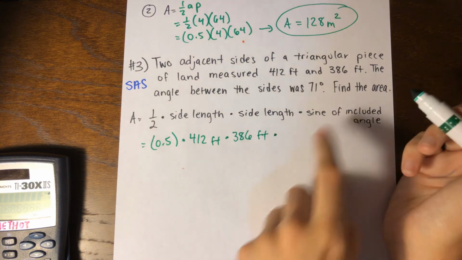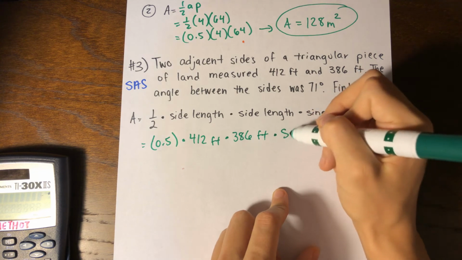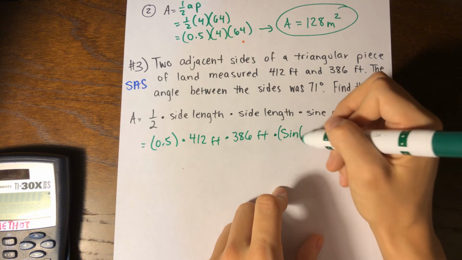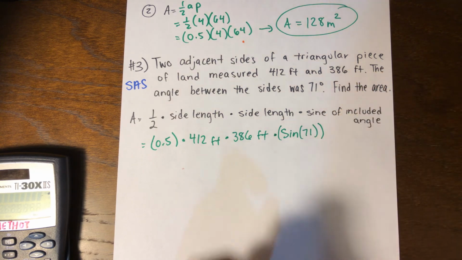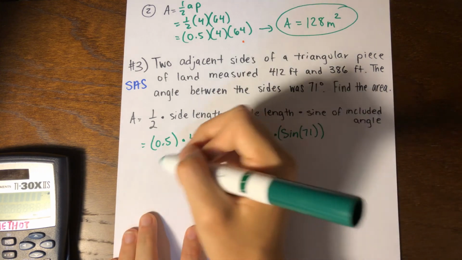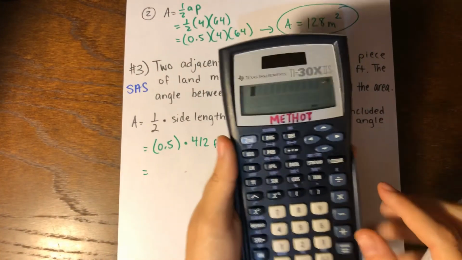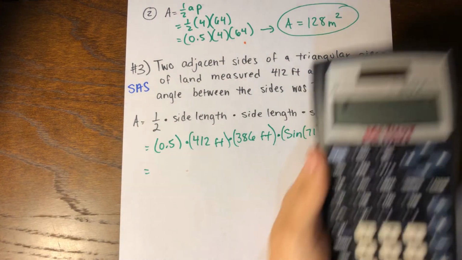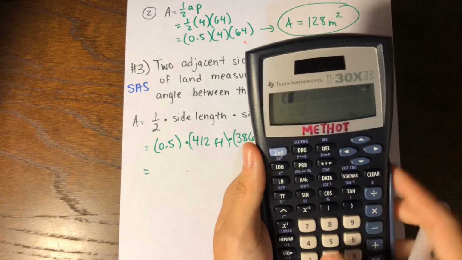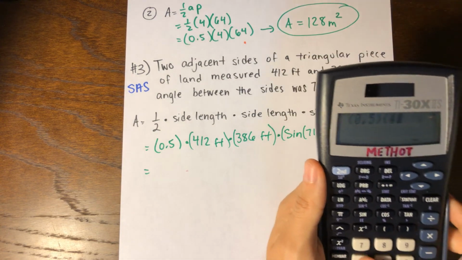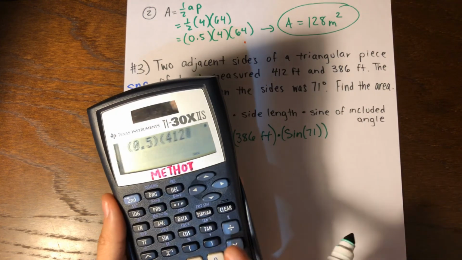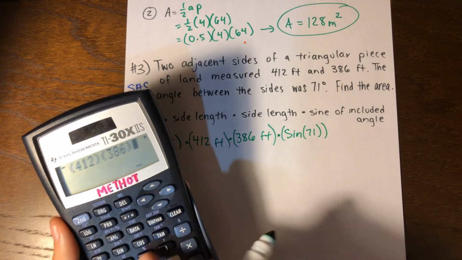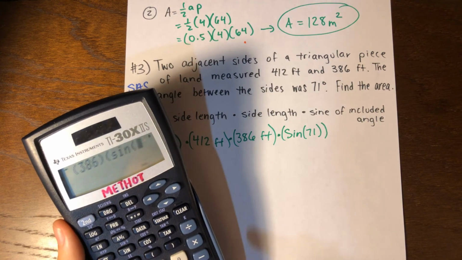times the sine of the included angle. So sine of, and our angle is 71. I'm going to put it in parentheses like this so I make sure that this gets solved. In your calculator, you're going to put everything in parentheses: open parentheses, 0.5, parentheses, 412, close the parentheses, 386, and then close the parentheses, open it, sine of 71.